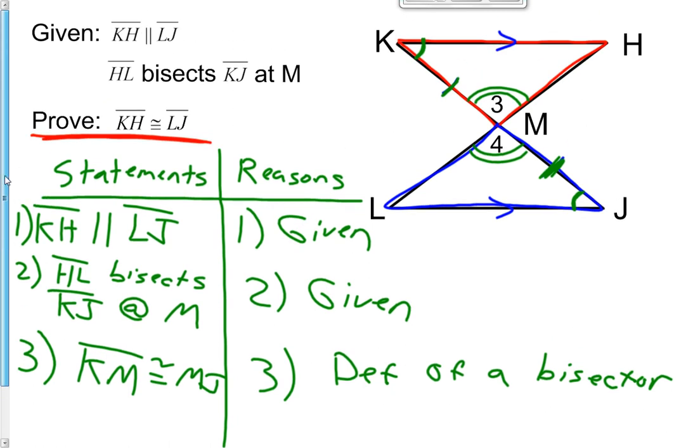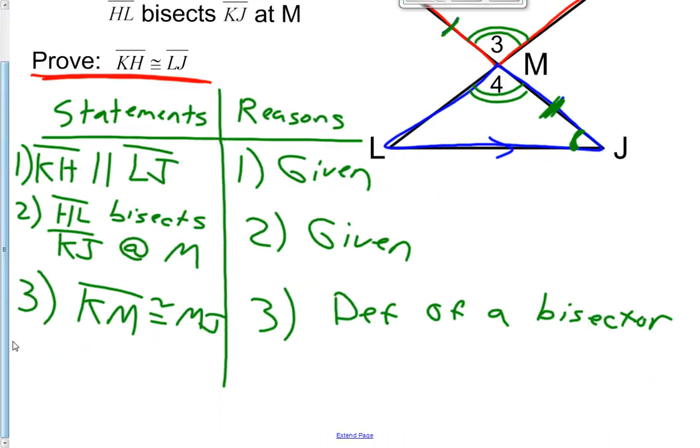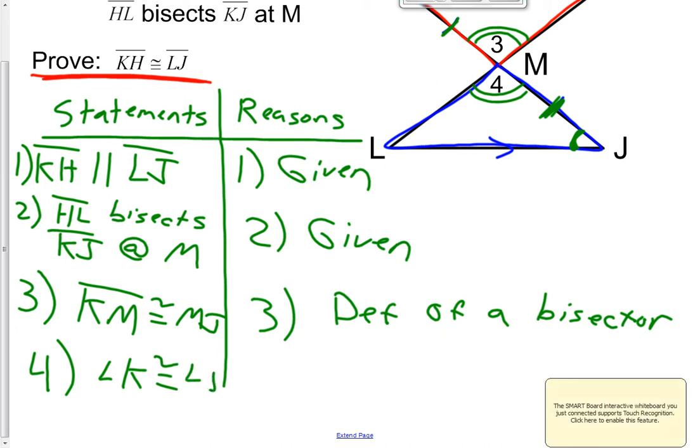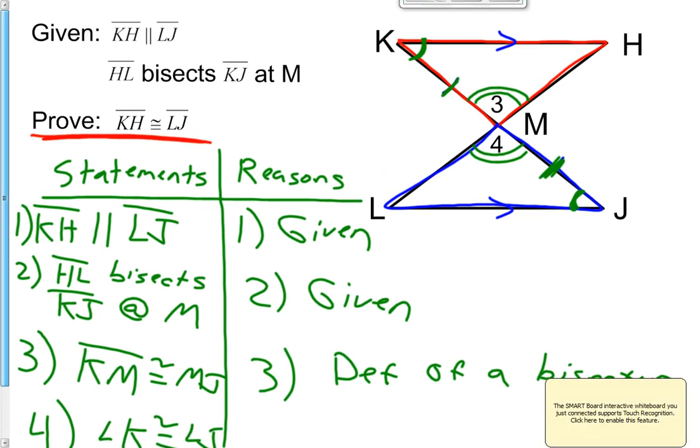We also mentioned that angle K right here is congruent to angle J. Why did we say that angle K is congruent to angle J? We said angle K was congruent to angle J because with parallel lines, alternate interior angles are congruent.